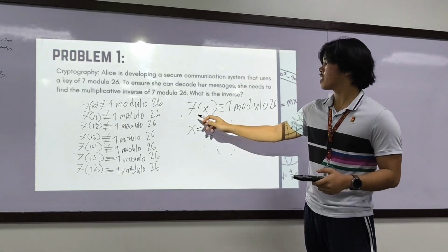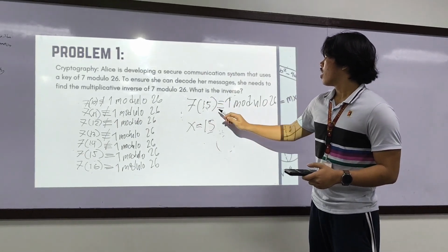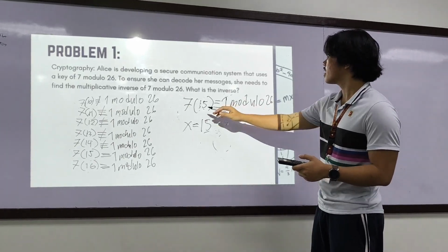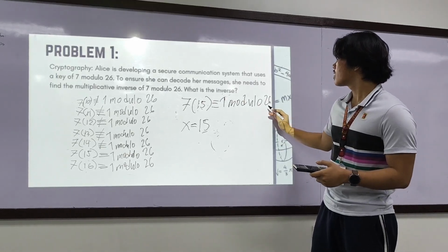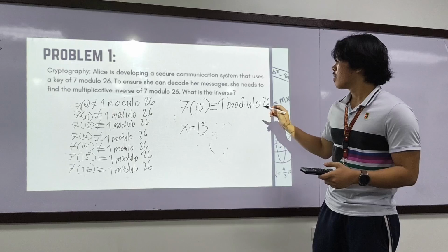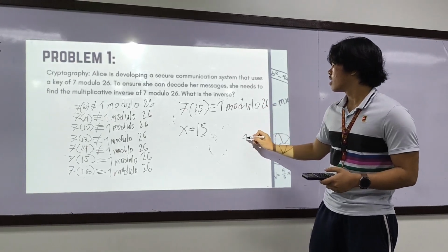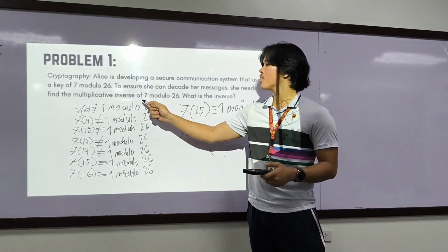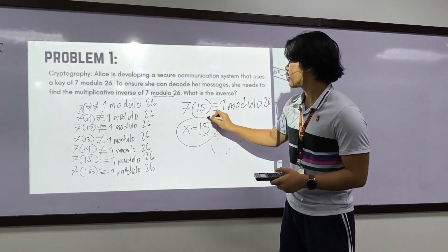Because when we multiply 7 by 15, we get 105, and when we divide 105 by 26, we get 104, and when we subtract 104 from 105, we get the remainder 1. So the multiplicative inverse of 7 modulo 26 is equal to 15.